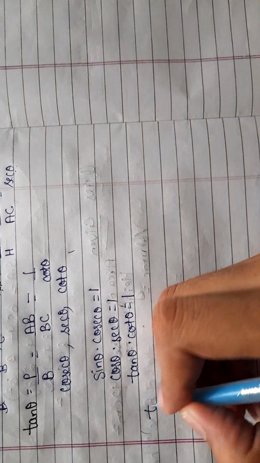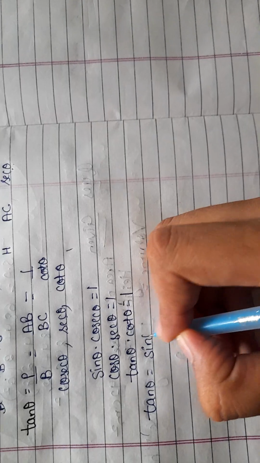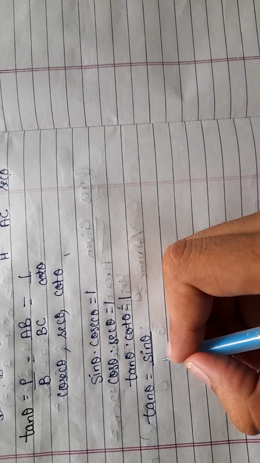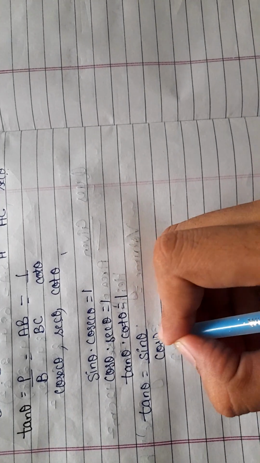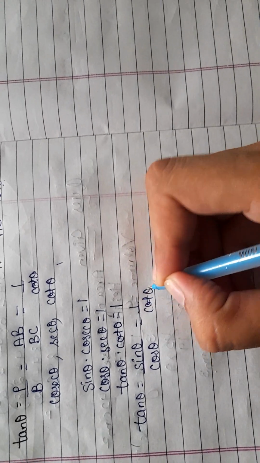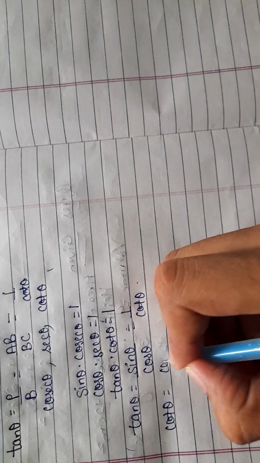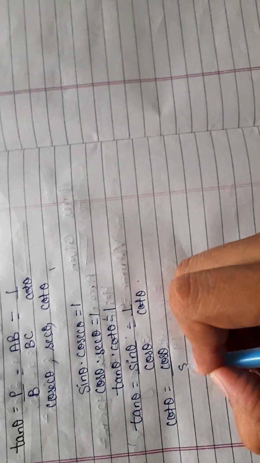And also tan is in the form of sin theta upon cos theta, and as cot theta is the reciprocal of it, cot theta will be cos theta upon sin theta.